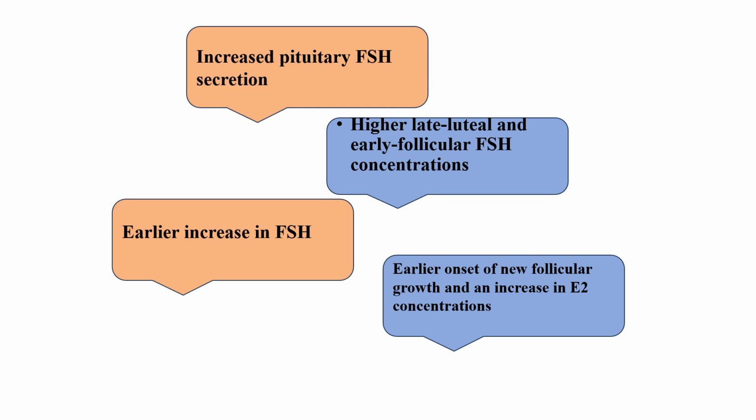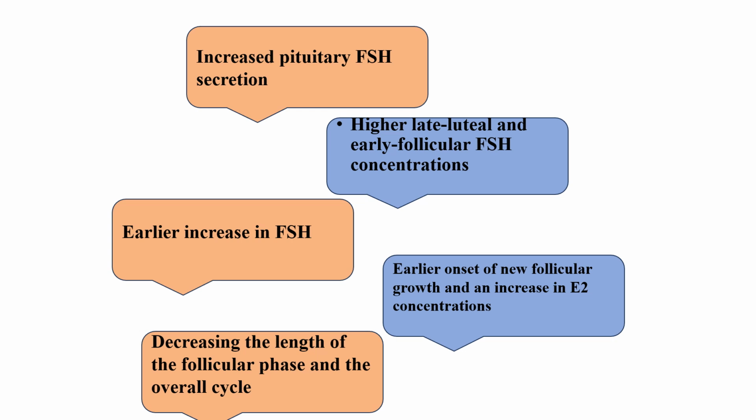As the FSH increases early, there will be early development of follicle growth and an increase in the estradiol concentration. This whole thing will cause the length of the follicular phase to be shorter and lead to a shorter overall cycle.